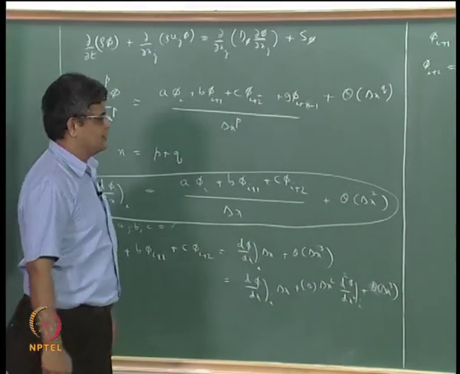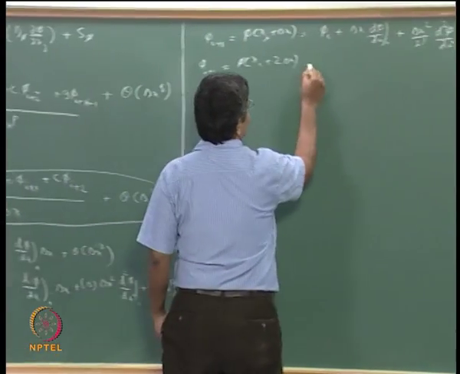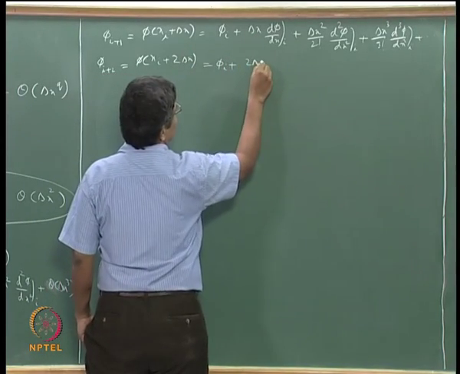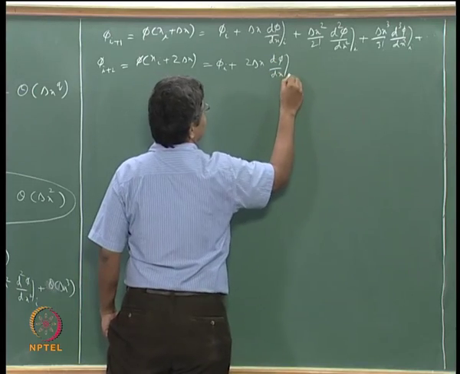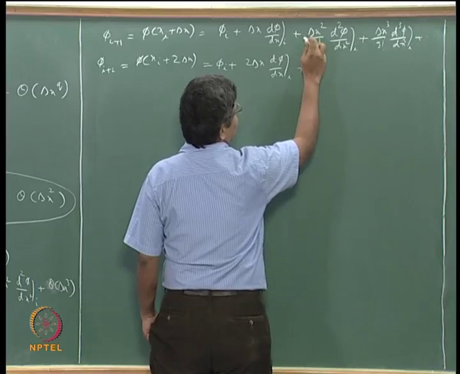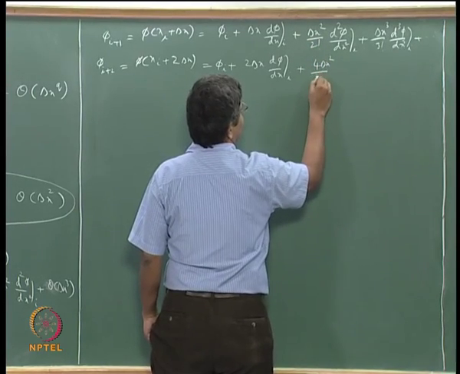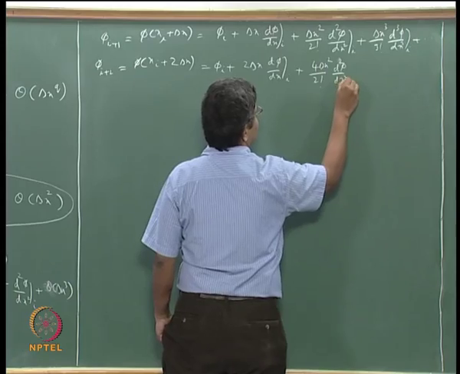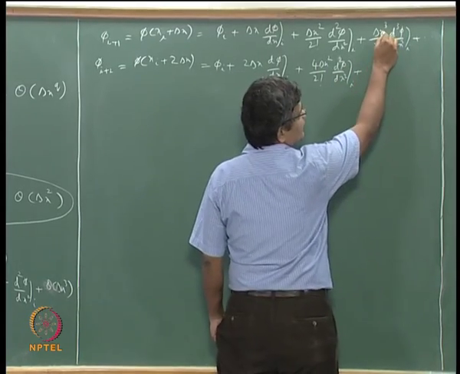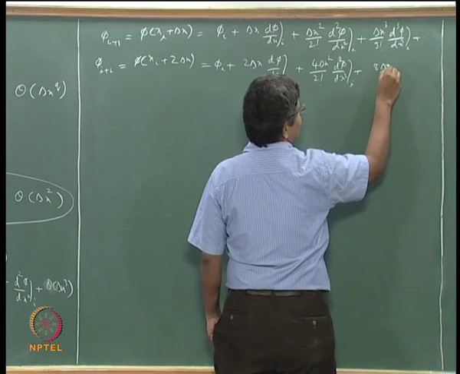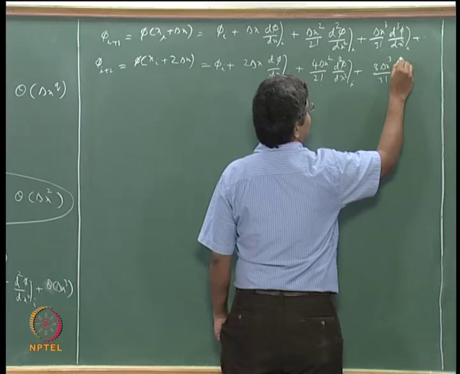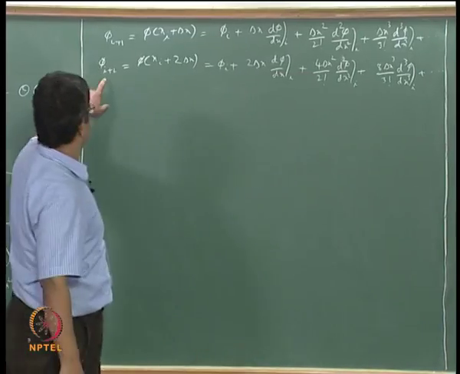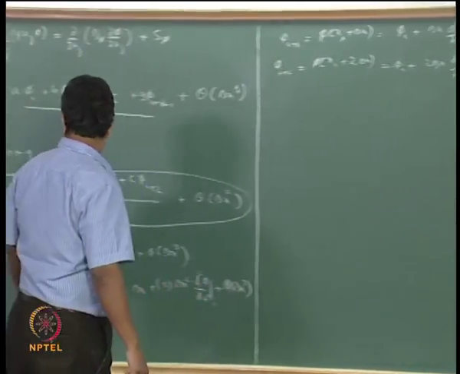That is what we mean by I plus 2, and this can be written as phi I. Wherever we have delta x here, we substitute 2 delta x, so that is 2 delta x times d phi by dx at I, plus 2 delta x whole square, so that is 4 delta x square by factorial 2, d square phi by dx square at I, plus 2 delta x cubed, so that is 8 delta x cubed by factorial 3 times d3 phi by dx 3 at I, plus so on.